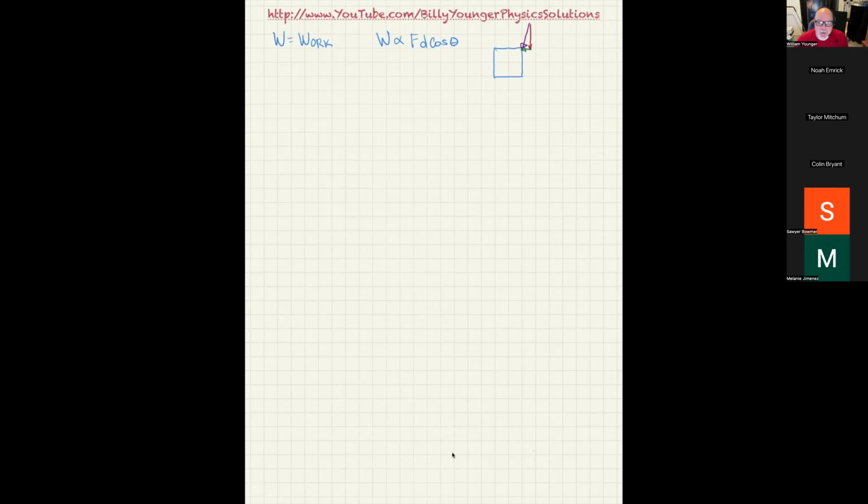But there will be cases where the path does all sorts of crazy stuff like this, and the force might not always have the exact same angle with the displacement vector. So you've got to take that into account.